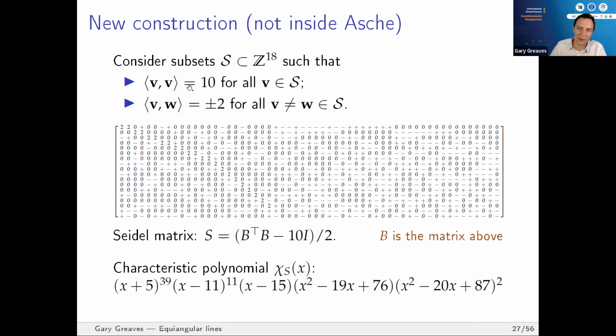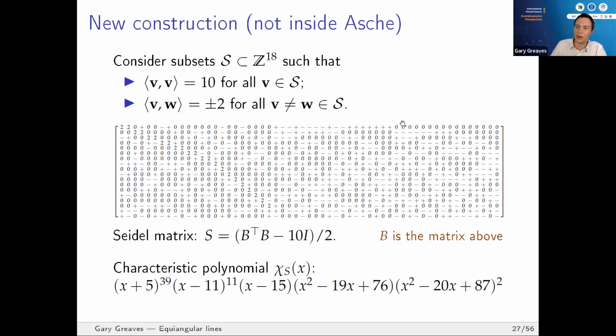The inner product of any vector with itself is 10, and the inner product between any two distinct vectors is plus or minus 2. We looked for that, and we managed to find 57 such vectors that correspond to equiangular lines in dimension 18.